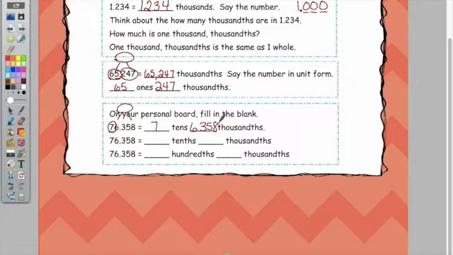Okay? Now the next one's a little different because it says to take out the tenths. So I won't just take out the 3. What will I take out? 763 tenths. And how many thousandths are left?